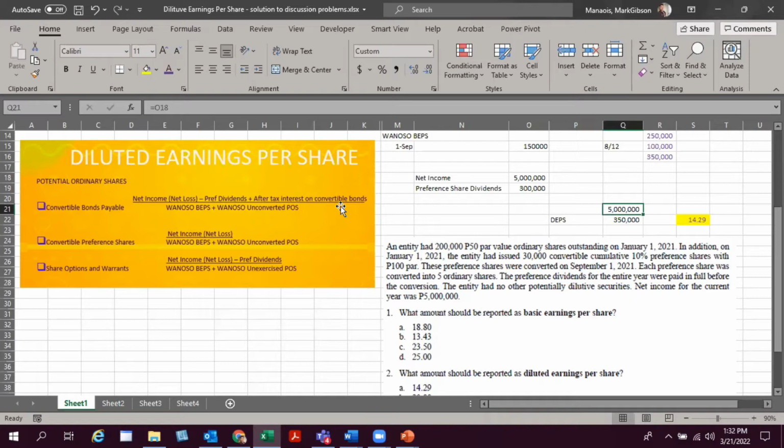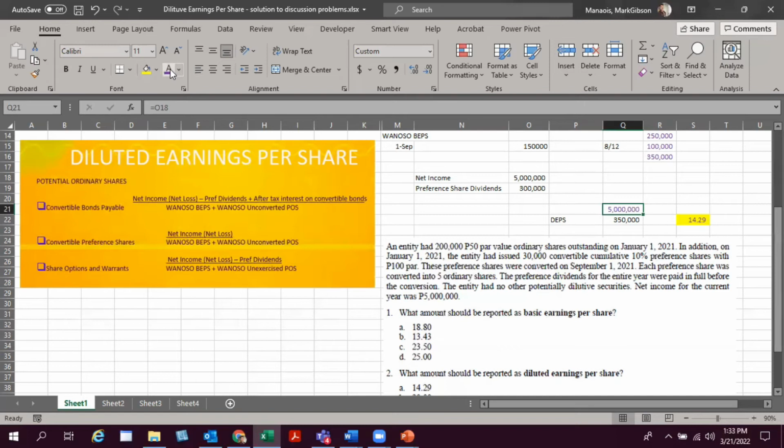So, kung na-issue yan noong January 1, 2021, we will assume that it's as if converted as early as January 1, 2021. That's the assumption. Therefore, wala na tayong kailangang pangbayaran na dividends. So, the numerator would be 5 million, representing your net income.